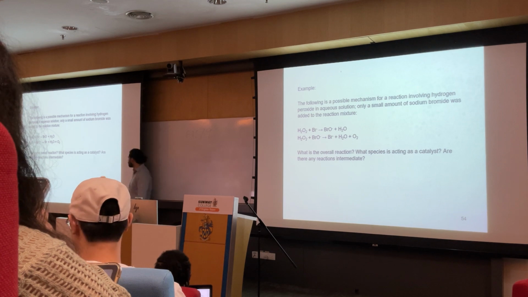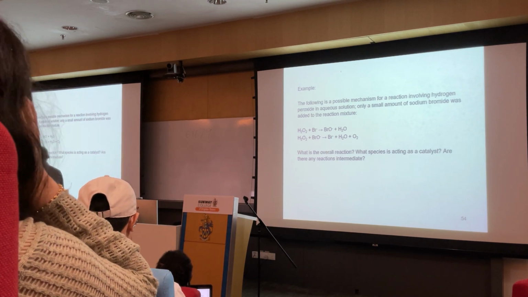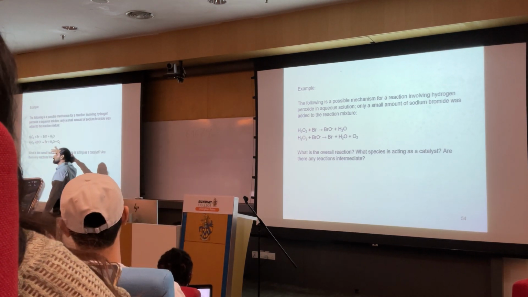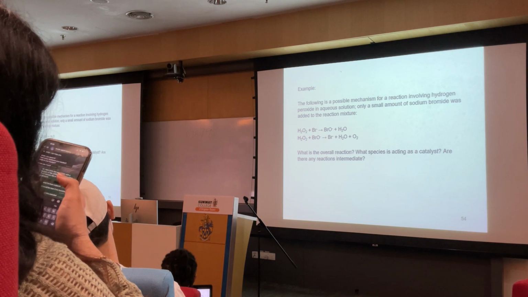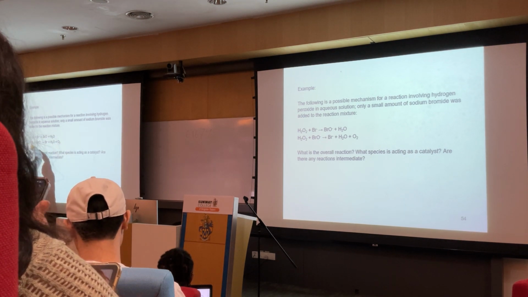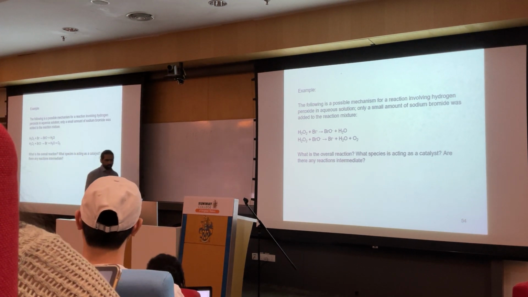Right, another example. This is what's happening. The question could be: what is the overall reaction? You can solve this type of question by simply adding the steps, right? So 1 plus 1, 2 H2O2, and so on and so forth.